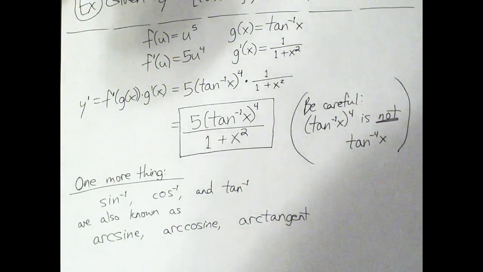So, yep, that's going to be it for this lesson. So we'll wrap up here. What did we do in this lesson? We learned derivative rules for inverse sine, inverse cosine, and inverse tangent, and we did one example of each type of problem. Some of them use the chain rule, some of them use the product rule.